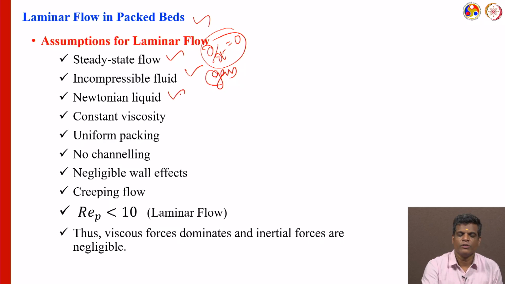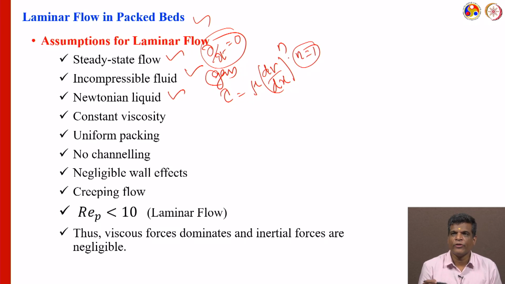Then it is a Newtonian fluid. We already know tau equals mu of (dV/dy or dx) to the power n. If n equals 1, we call it a Newtonian fluid. If n is less than 1 or greater than 1, it falls in the non-Newtonian fluids.